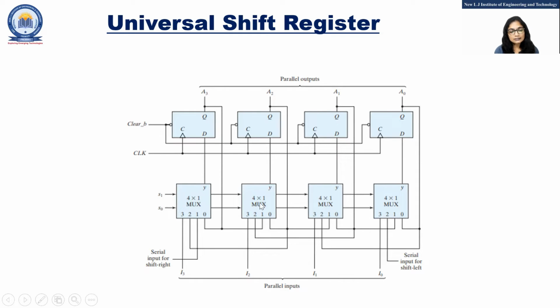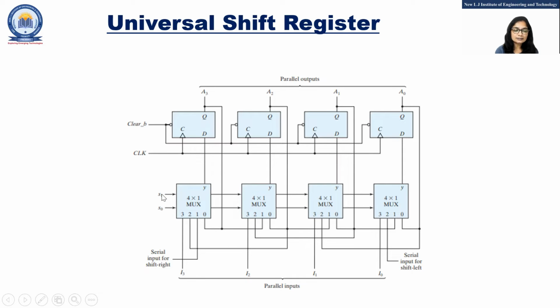This control signal will be similar, will be given to all these mux, and they are equal. Fine. Now, as I told you, 4 inputs are there. So what is the function of mux? Any one of the inputs will be passed to the output line, and that depends on this control signal.